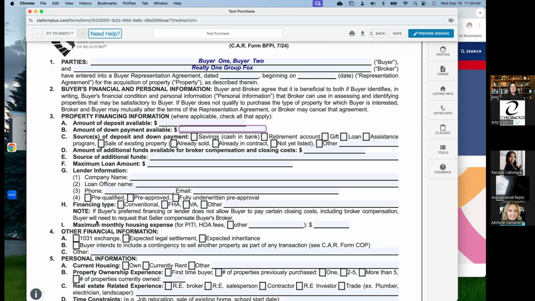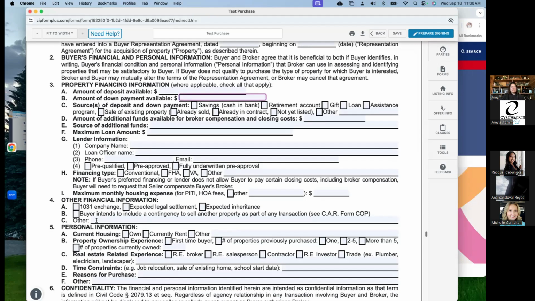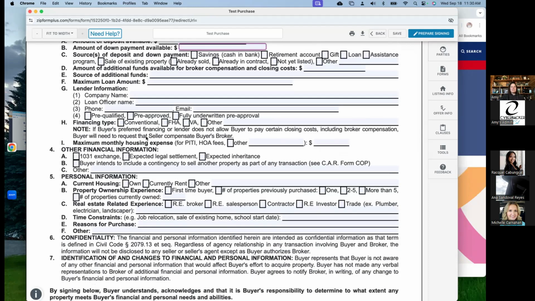Okay. Let's see here. Financing type. What kind of financing are they using? Maximum monthly housing expense for PITI and HOA fees. If you're like, oh my gosh, Amy, what is PITI? It's a term we used to use all the time. A lot of agents don't even know what it means anymore, but it's principal, interest, taxes, and insurance.